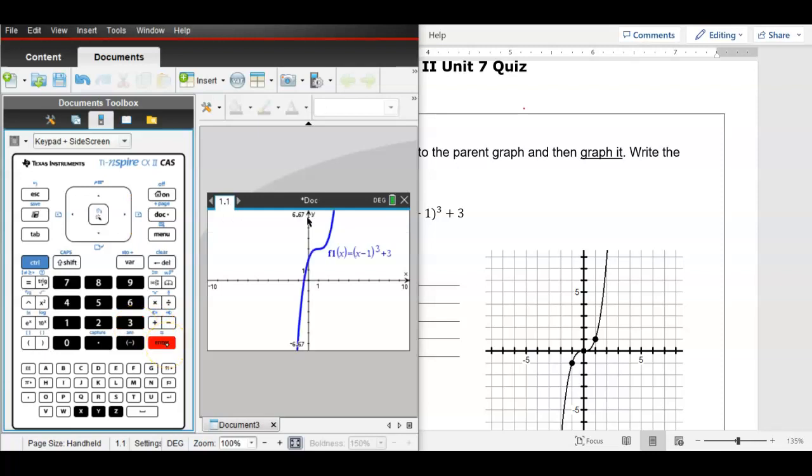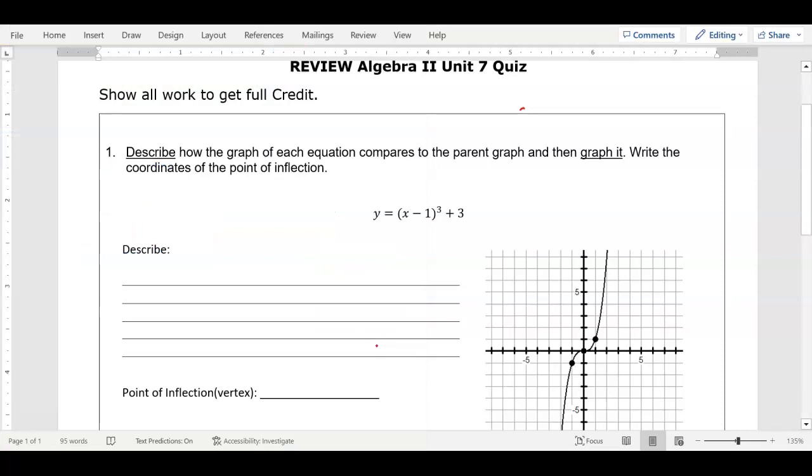Okay, so if I do menu 5, 1, I can kind of see where this inflection point is. Now, it doesn't give me exact points, but if you remember, the point of inflection, or the vertex, is h comma k.